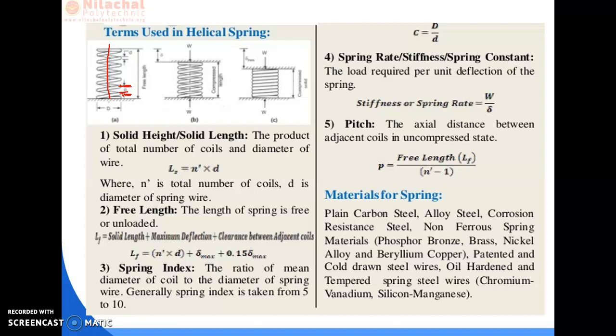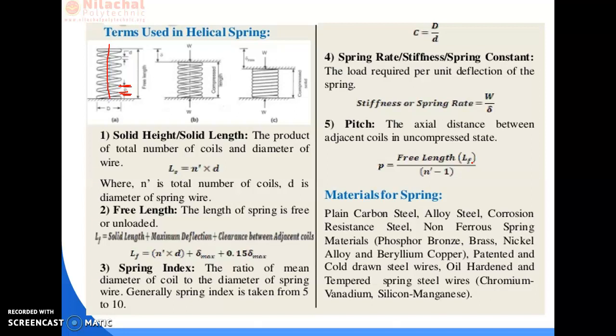Pitch is always calculated by utilizing the free length. The value of P is free length divided by n dash minus 1. As in figure A, the axial distance between adjacent coils in the uncompressed stage means free length LF, which is n into d plus del max plus 0.15 del max, divided by n dash minus 1.